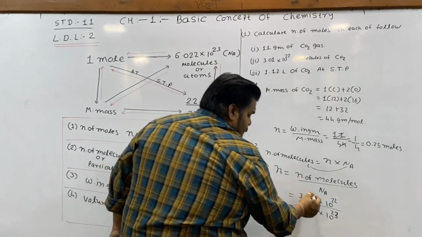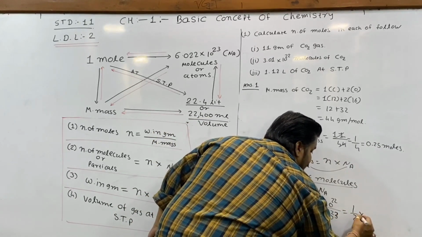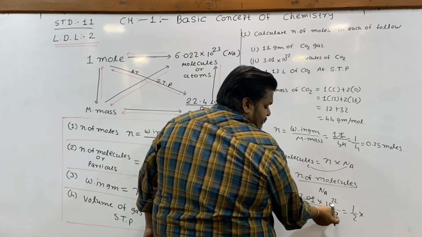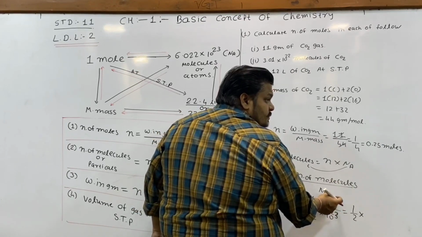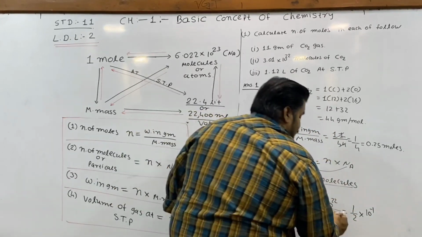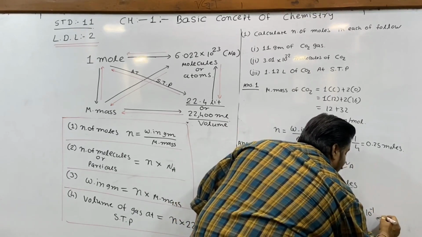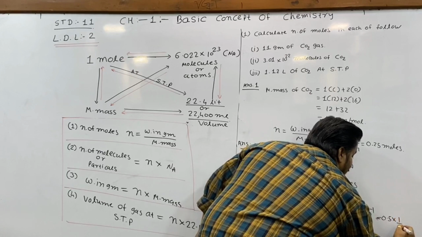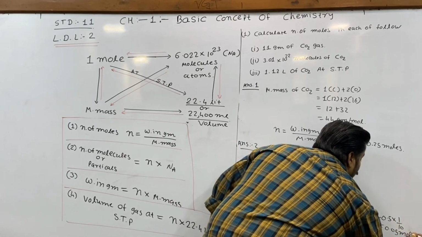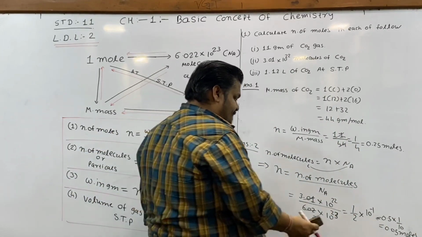Then 3.01 by 6.02 is 1 by 2, into 10 raised to 22, and here we have 10 raised to 23. So it is 10 raised to minus 1. So 1 by 2 is 0.5 into 1 by 10 again. I think we went out of the margin in the calculation.